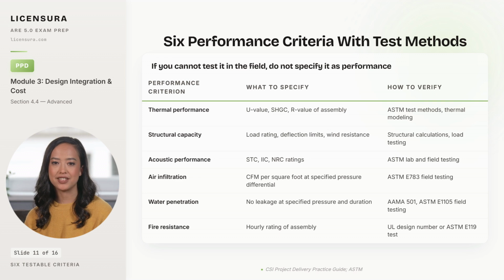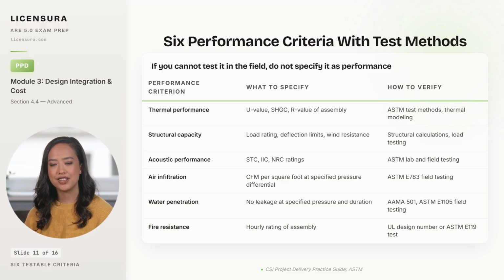Structural capacity is specified by load rating, deflection limits, and wind resistance, verified by structural calculations and load testing on built mock-ups. Acoustic performance is specified by sound transmission class, impact insulation class, and noise reduction coefficient, verified by ASTM lab and field testing, with the field number always lower than the lab number.